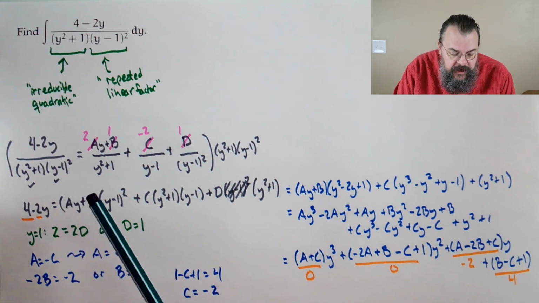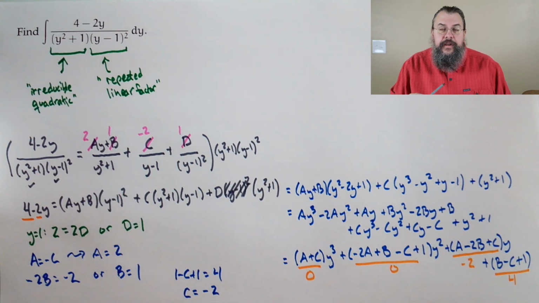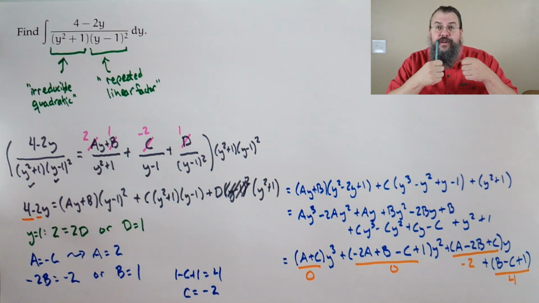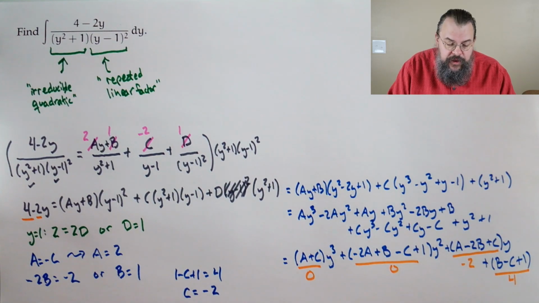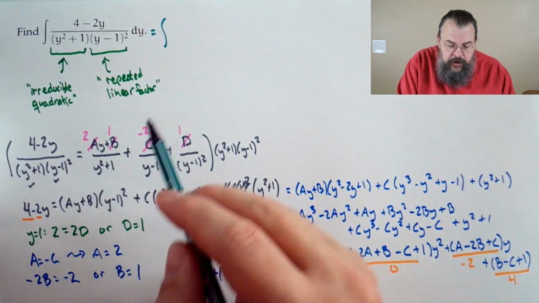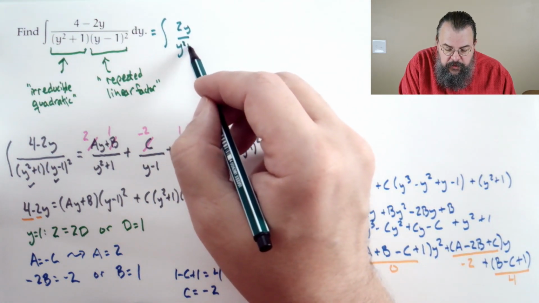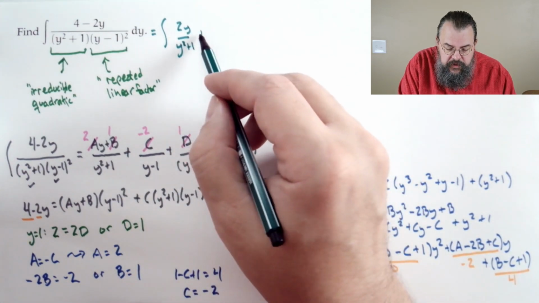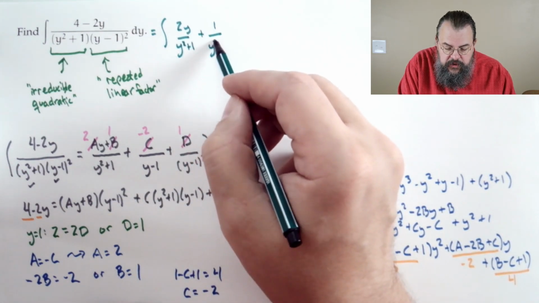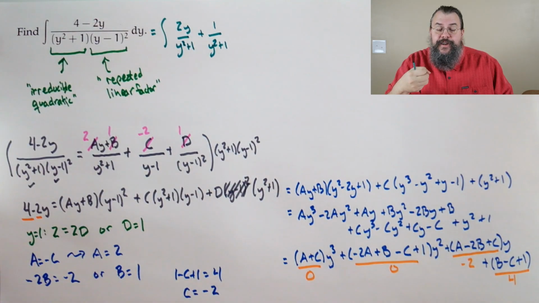When we go to write it, notice how we have y squared plus 1. So we're going to actually write that in two separate pieces. So this integral is, I'll have 2y over the y squared plus 1 plus 1 over y squared plus 1. So I'm just pulling apart using the fact that addition works nicely in the numerator.